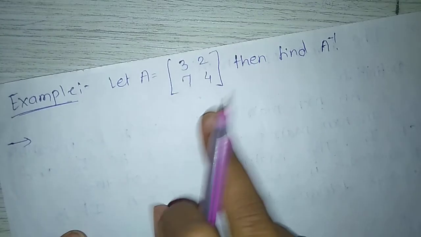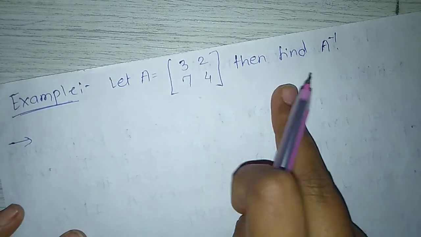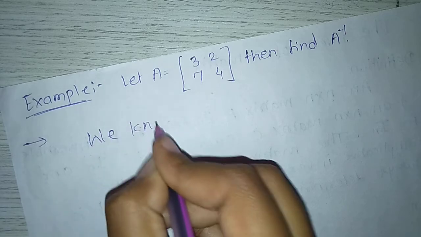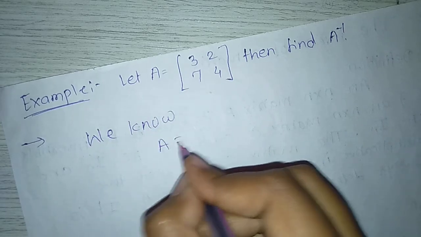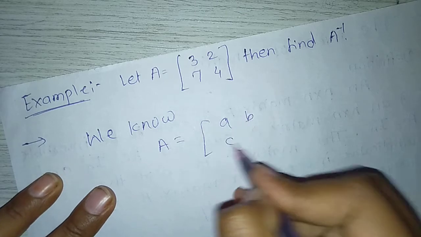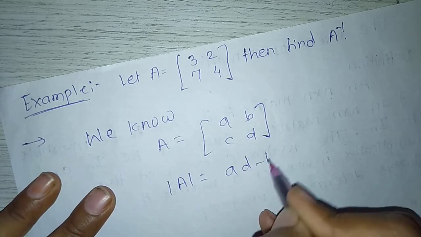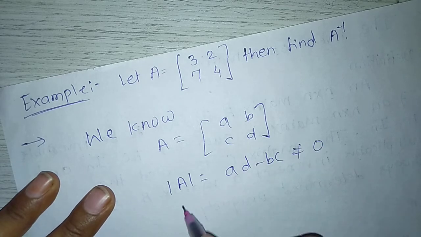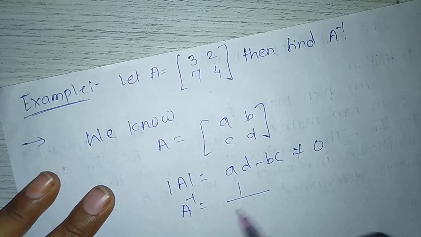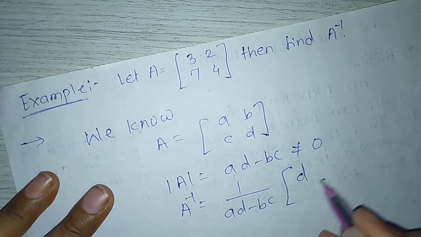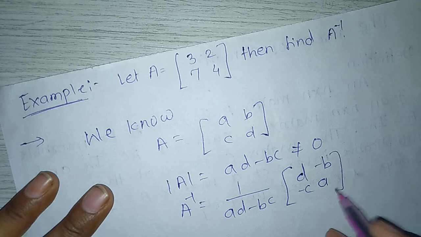Next example: A equal to the matrix with rows 3, 2 and 7, 4. Then find A inverse. We know if A equal to the matrix a, b, c, d and determinant of A equal to ad minus bc is not equal to 0, then A inverse equal to 1 upon ad minus bc into the matrix d, minus b, minus c, a.